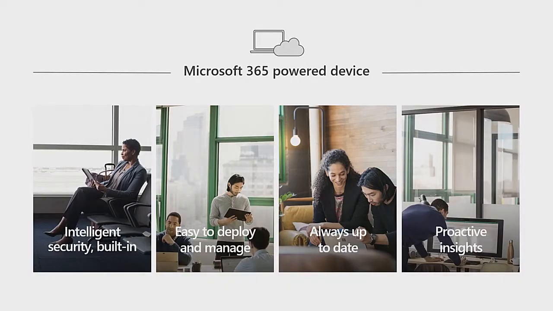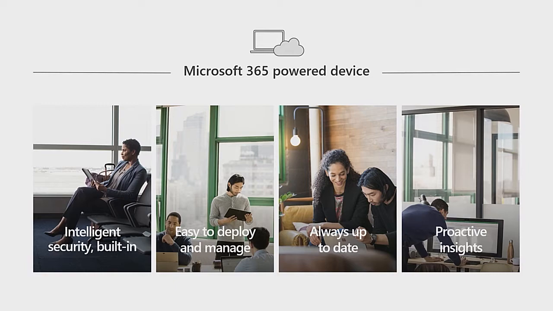When we break that down a little bit further, we would look at the Microsoft 365 powered device in a few different categories. We would look at security as being the most important piece, because that's what organizations want, that's what they expect. They want a secure platform. They want it to be easy to deploy and manage, so we want to do what we can to simplify that overall.